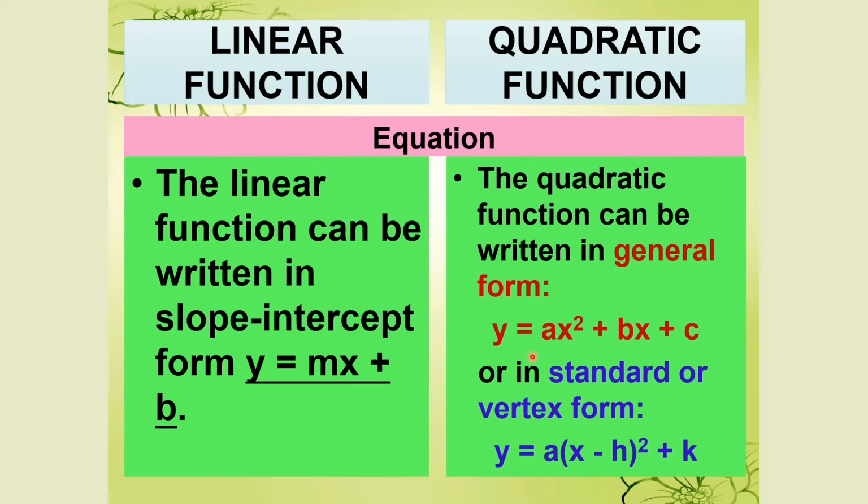In general form, it could be written as y equals ax squared plus bx plus c. Or in standard or vertex form, y equals a times the quantity of x minus h squared plus k, where h and k here are the coordinates of the vertex of a quadratic function, which we will discuss in detail when we get to the equation of quadratic function.